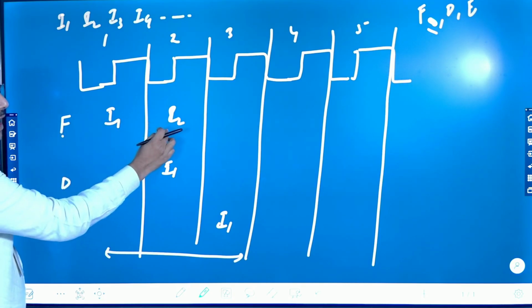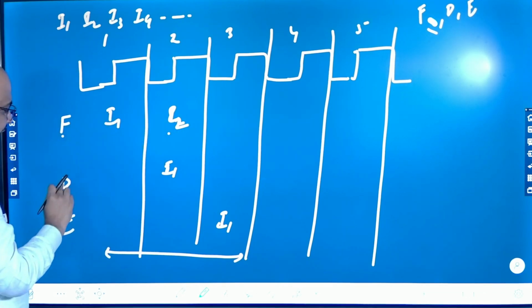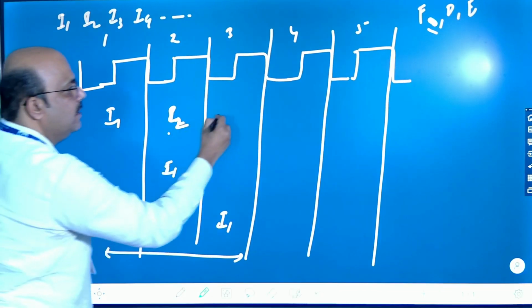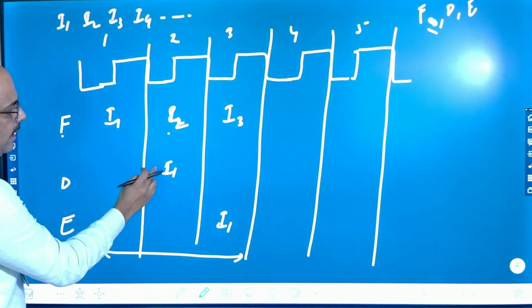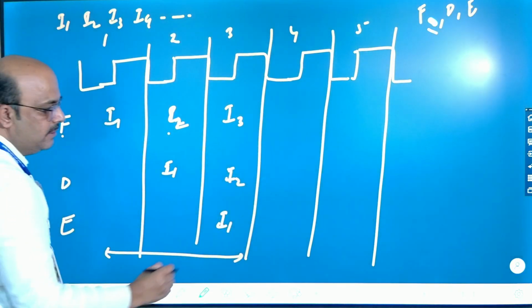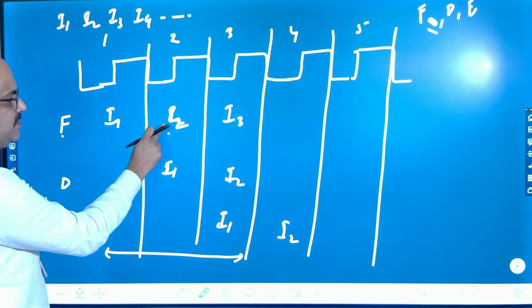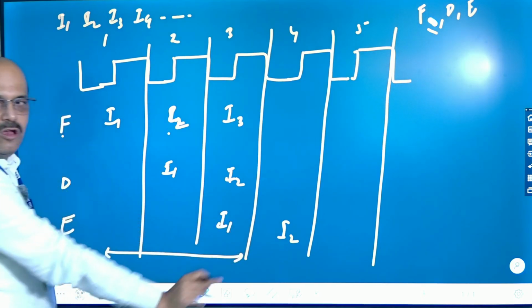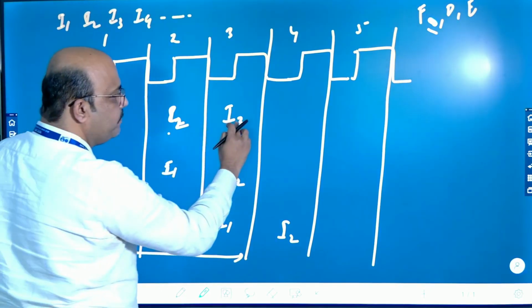Fetching of I2 and decoding of I1. Got it? Then in the third cycle, this will be I3. Now here this I2 will be here, right? Then this is I2, because fetching of I2, decoding of I2 and execution of I2. Same thing happens with I3.